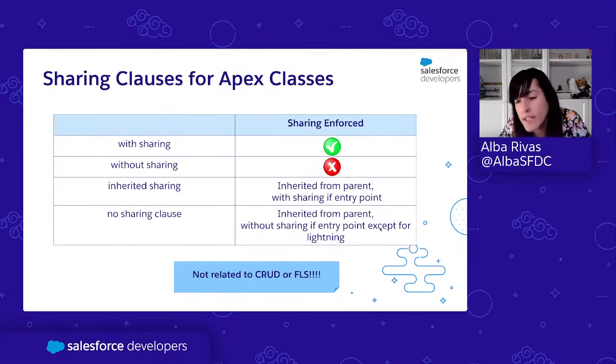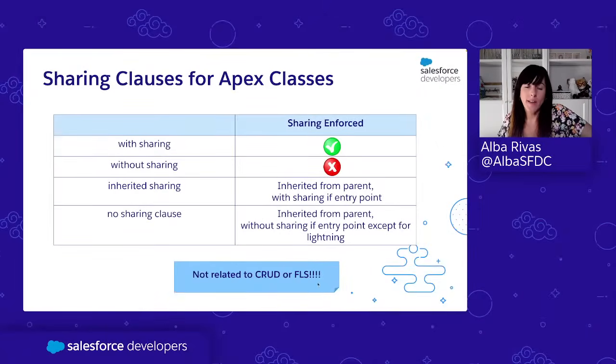But if you call it from Lightning, from a Lightning Web component or an Aura component, then it's going to be with sharing. That's why I told you it's a bad practice to not use a sharing clause, because it behaves differently if you are in a Visualforce page or in a Lightning Web component, okay? And it may end up in errors in your security model.